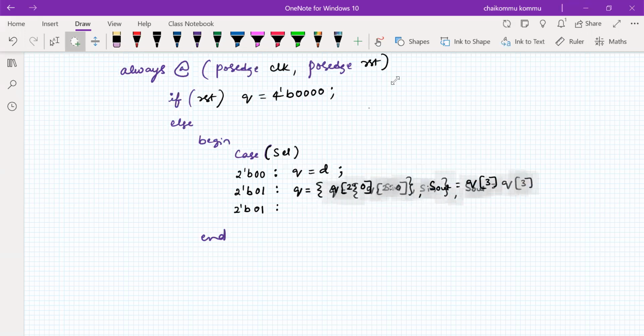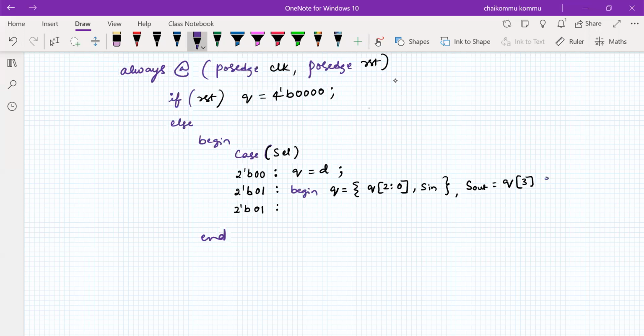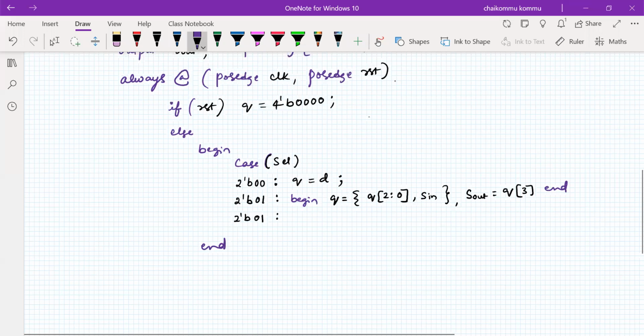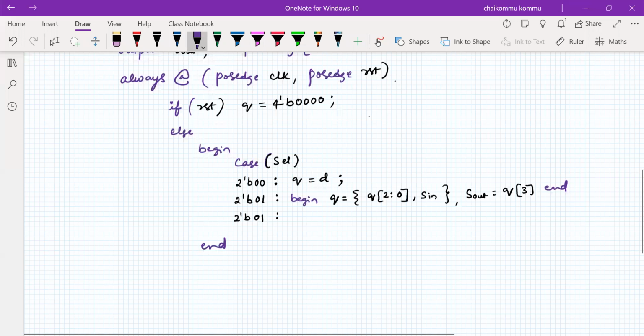Since we have two statements here, it is better to write begin and end. Like begin, and here we need to write end. Clear? Next, we write again the same statement here, the begin.